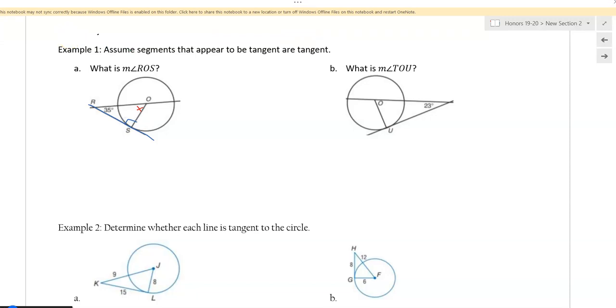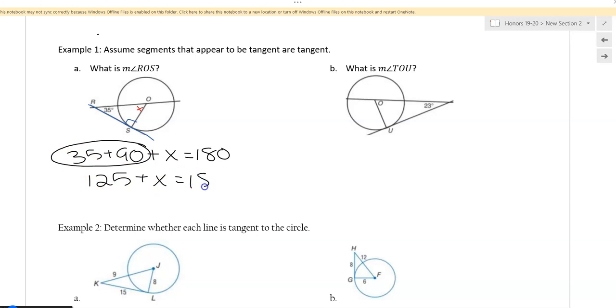Now this is a very easy triangle angle sum problem. 35 plus 90 plus x equals 180. Adding up these, 125 plus x, so x is 55.